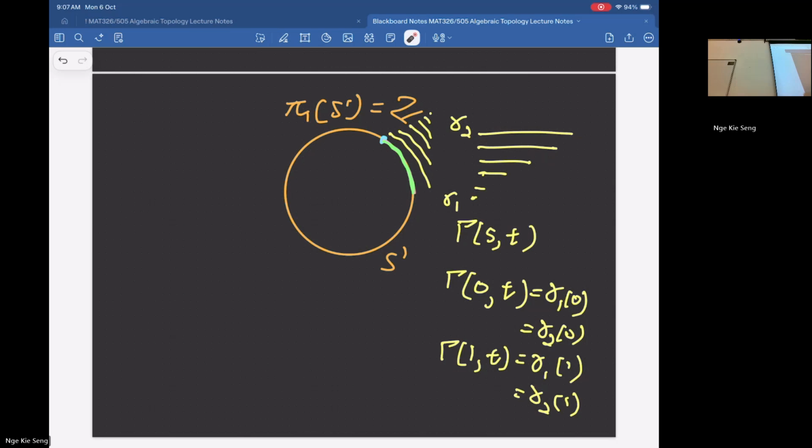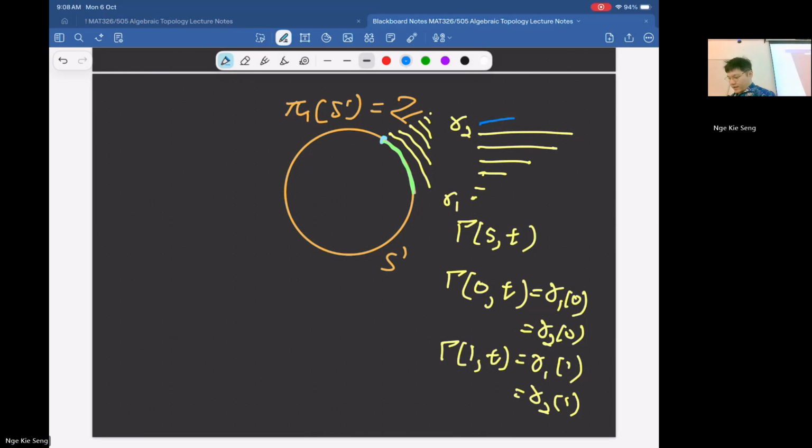So all these homotopies actually are loops. It's a shortening of a loop until a constant.